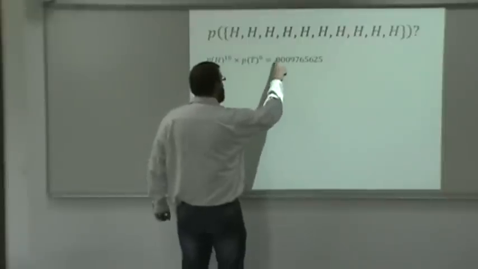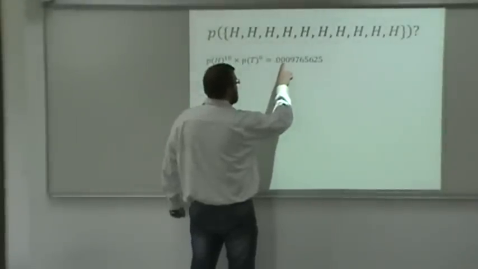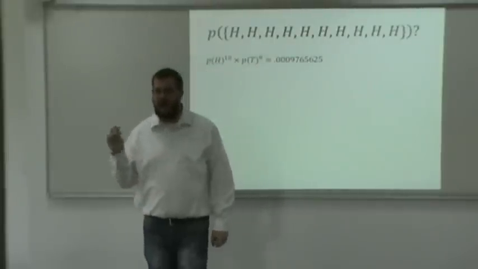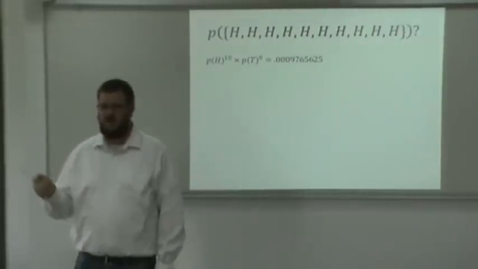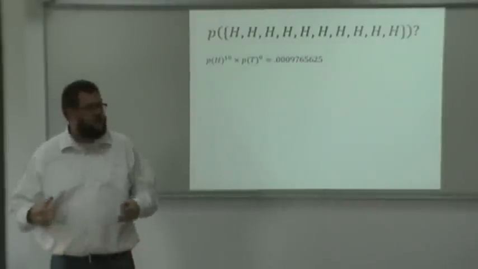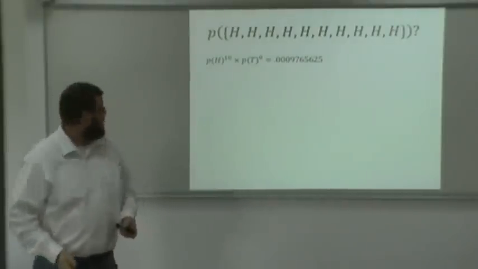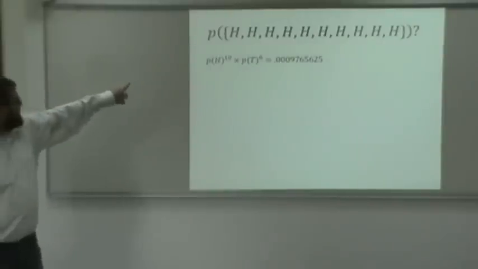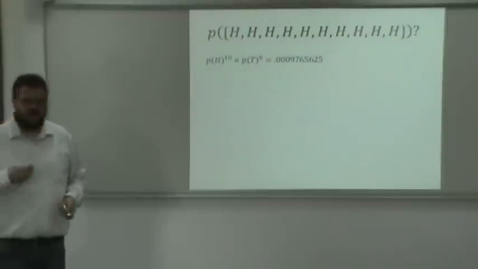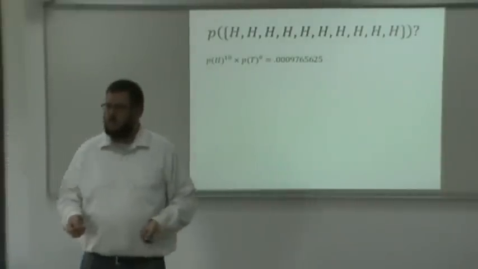So a 1 here would be 1 in 10, 1 in 100, 1 in 1,000. So out of every 1,000 times that we do 10 flips, we should only see something like this once, basically, right? How's that for evidence? Wow.